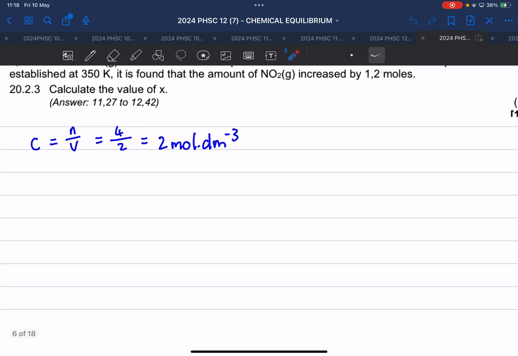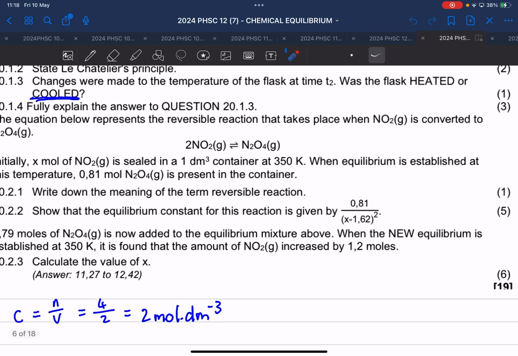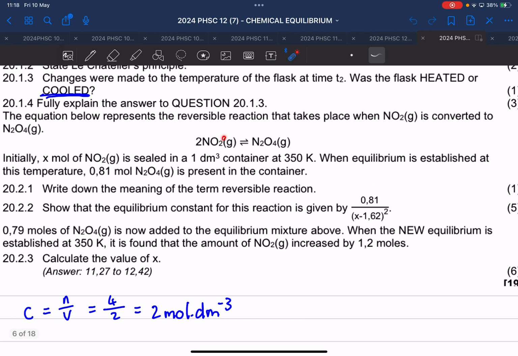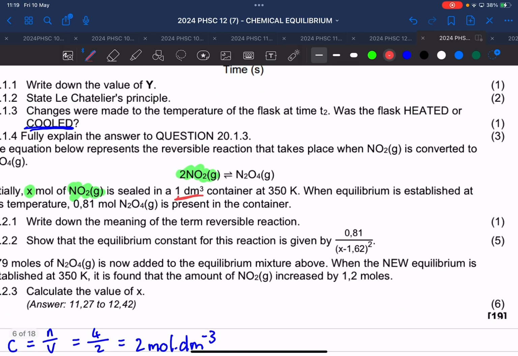Thank you, ma'am. Okay, so we have this equation below where NO2 is converted to N2O4. Initially, X moles of NO2, our reactant, is sealed in a 1 cubic decimeter container at 350 Kelvin.